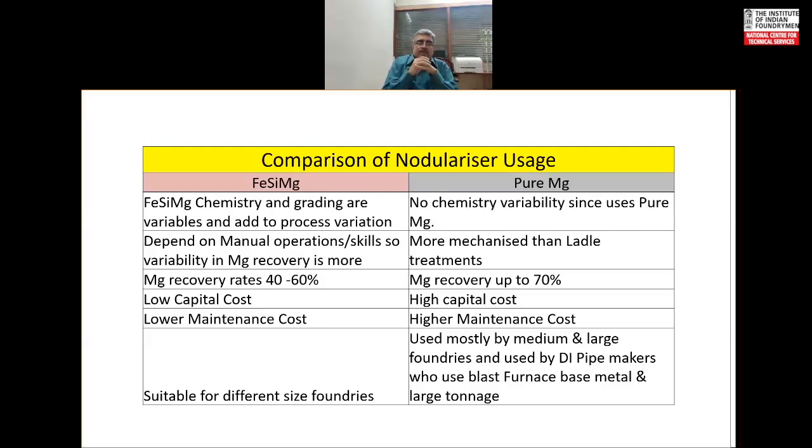Maintenance costs also are lower, while in the case of converter-like equipment, the capital cost is high and the maintenance cost is high. The ladle method is suitable for different sizes of foundries, small or medium, while converters, because the capital cost is high, are used mostly by medium and large foundries and DI pipe makers, like I said. A large tonnage needs to be handled.